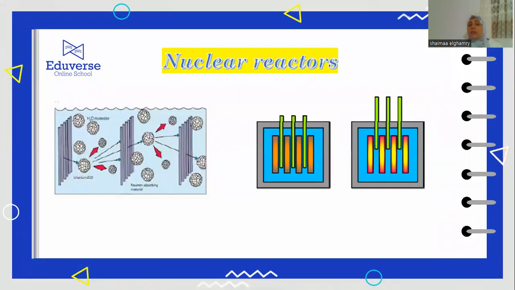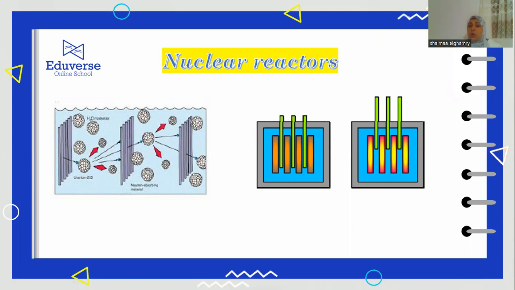The nuclear reactors work with the fission reaction, which represent what? A series reaction. So uranium, if one uranium is bumped with a projectile, it produces different 2 or 3 neutrons.